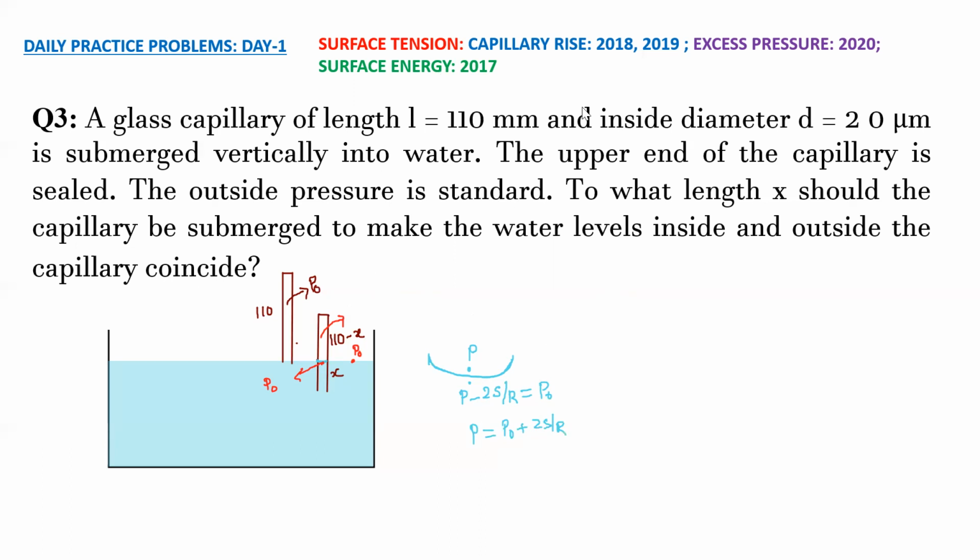We can use P1 V1 equals P2 V2 because we don't think the temperature changes. That's why (110 minus x) into the area, that is the volume, into the pressure, which is P0 plus 2S by r, is equal to 110 into area into P0.